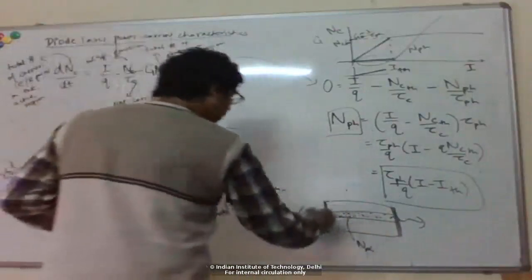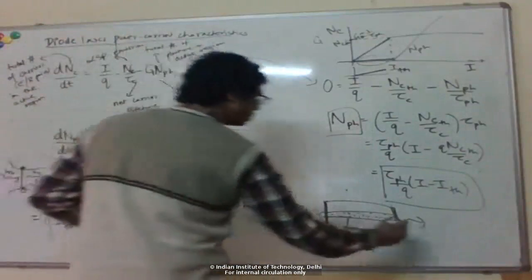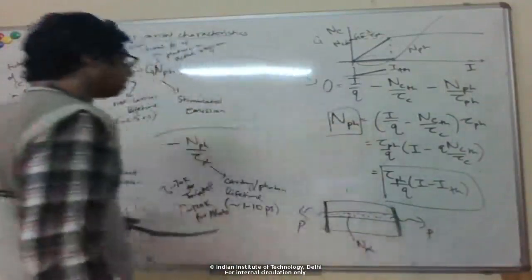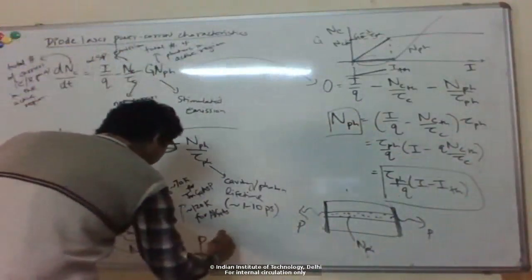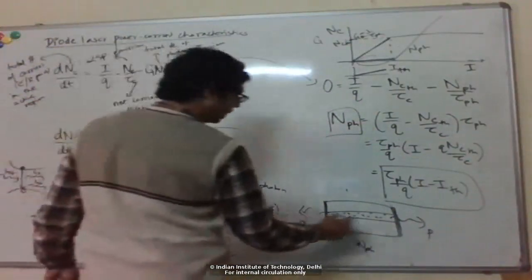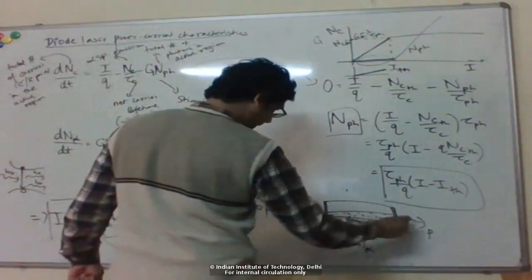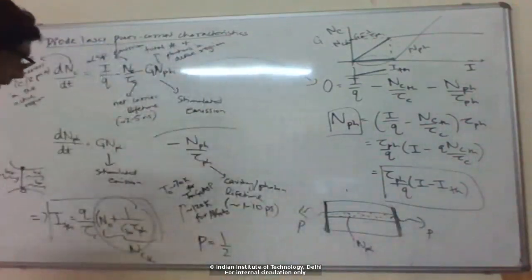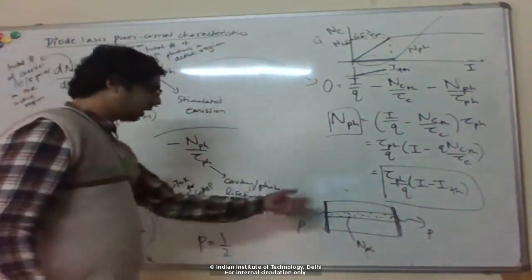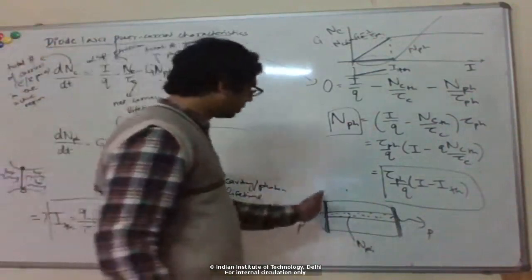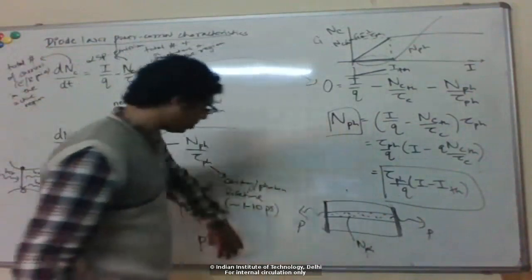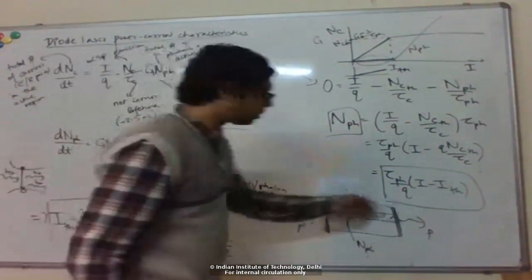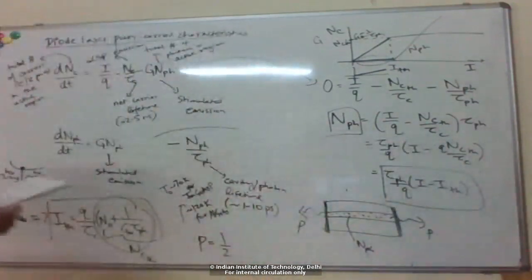And so if I look at the power coming out of any one side, that I can write with a factor of half first to say that I'm looking at only one side. This half will change depending on what device you have. If you high reflection coated one of the facets, then this factor of half will go away. All the power will come out one side.